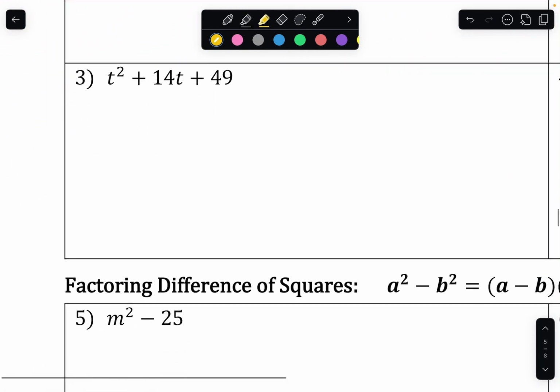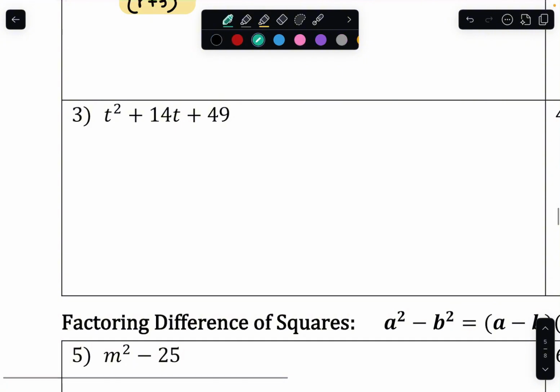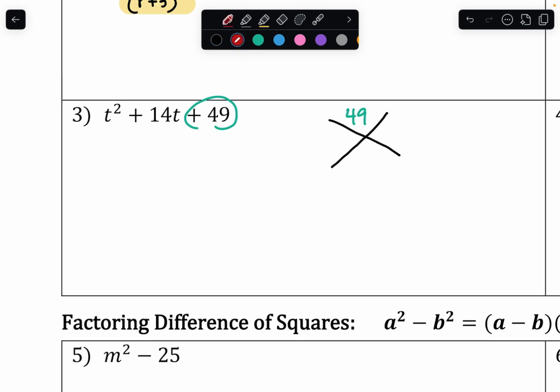Okay, for this next example, we're looking for 2 numbers that multiply to 49 but add to 14. That's 7 and 7, and so t plus 7 squared.